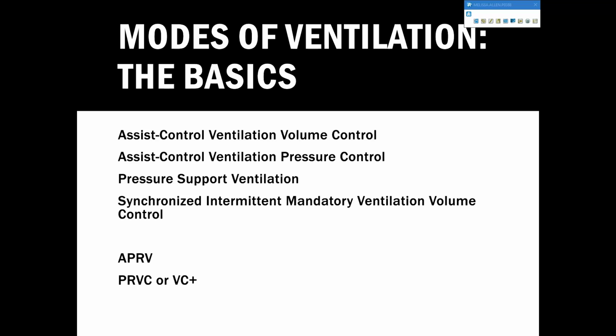But now let's talk about APRV. APRV is basically just our pressure control with that inverse IE ratio. So we're going to set our pressure, and we are going to have the inverse IE ratio.